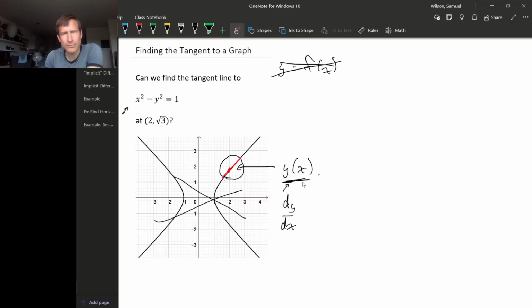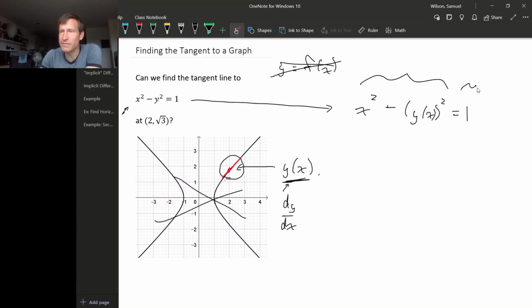Well, if y is a function of x, then what this equation actually says is x squared minus y of x, squared, equals 1. And both sides of this equation are functions of x.